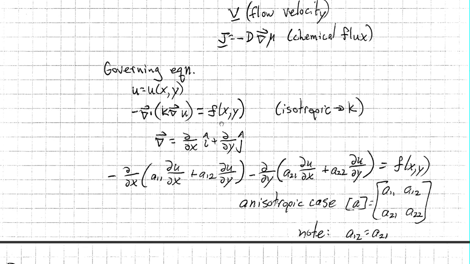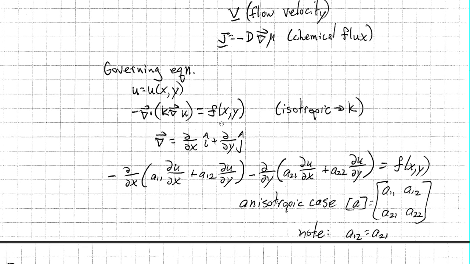So this source could be a number of things. We'll talk about some physical examples in a moment, but it could be internal heat generation, it could be internal charge density, it could be some internal flux due to some external effect if it's a chemical flux problem.